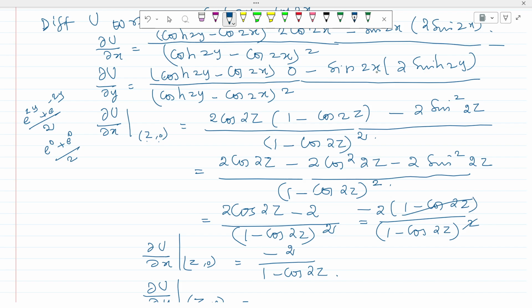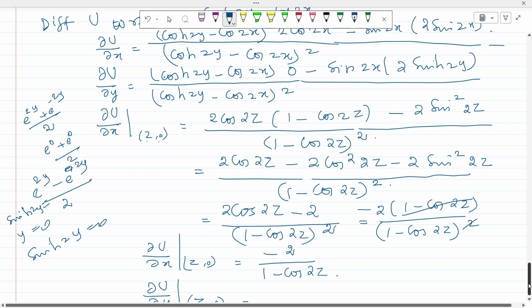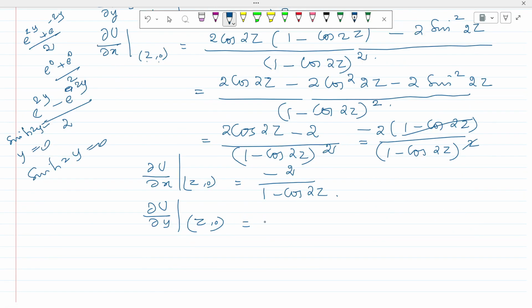If you substitute x equal to 0, y equal to 0, e^(2y) minus e^(-2y) by 2 is sinh 2y. So if you substitute y equal to 0, sinh 2y equals 0. So ∂e/∂y at (z, 0) is 0.